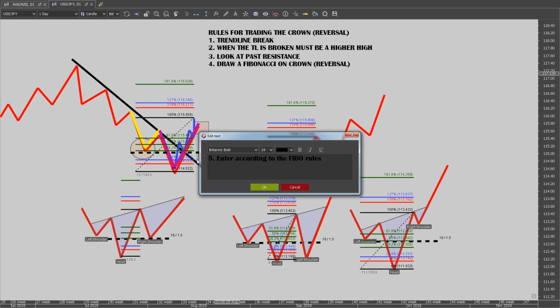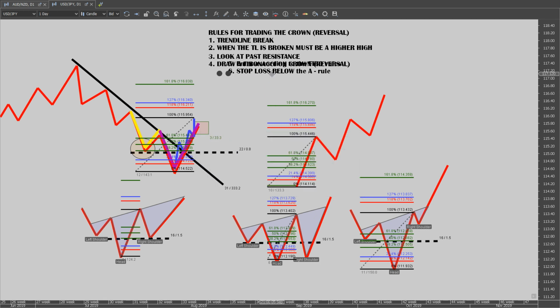Okay, and number 6, stop loss below the A. Okay, this is a rule. So when we are trading crowns, we don't have a choice.